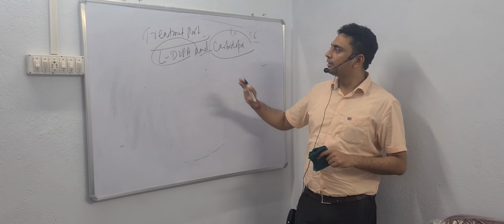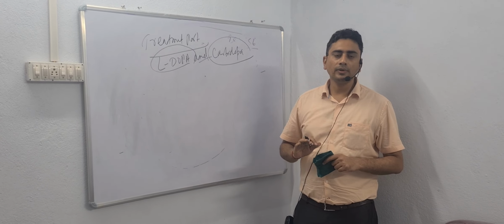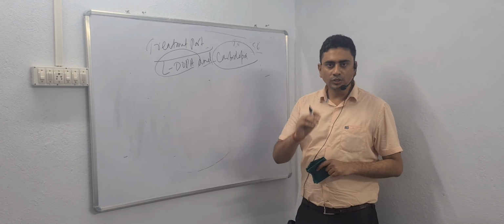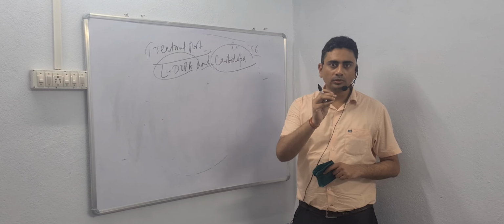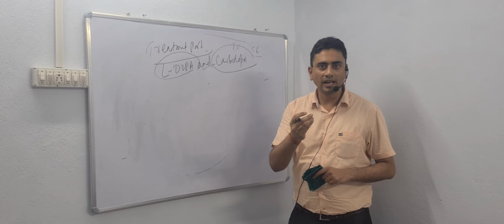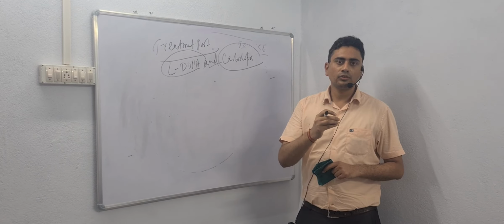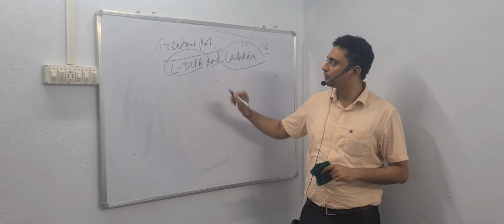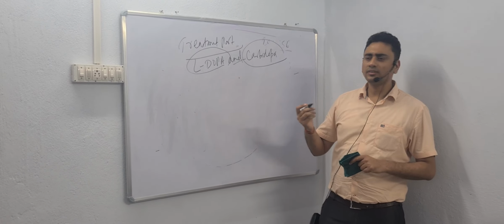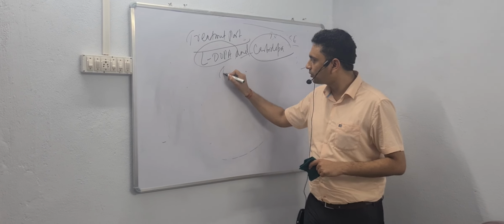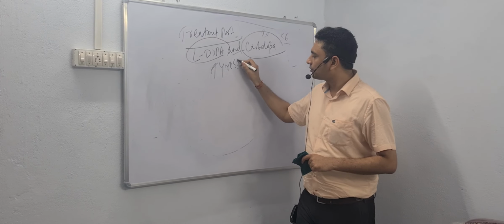Remember, dopamine is formed inside the brain. Which part of the brain is involved? As I told you, the substantia nigra and locus ceruleus. These are the two regions where dopamine is synthesized. And how is it synthesized? Basically, it is synthesized from the amino acid tyrosine.